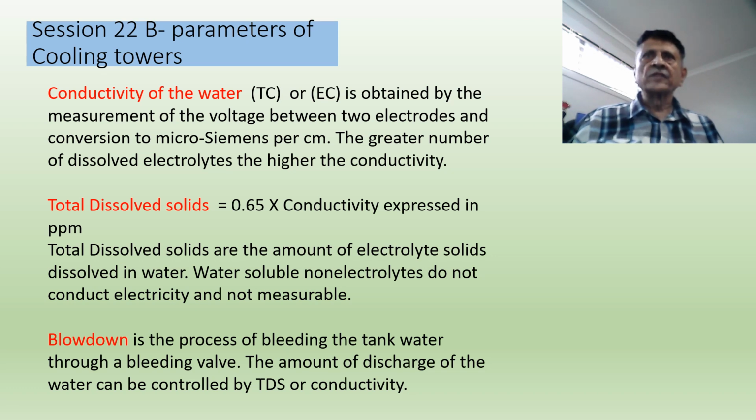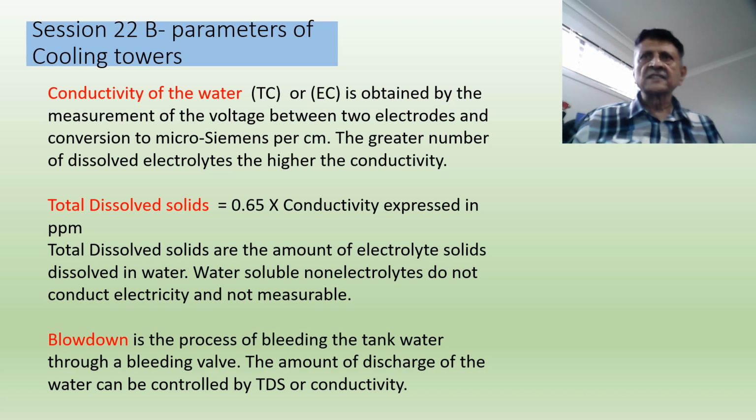The greater the number of dissolved electrolytes, the higher will be the conductivity. Total dissolved solids are also related to conductivity because mostly the dissolved solids are electrolytes. So there is a relationship between conductivity and total dissolved solids.